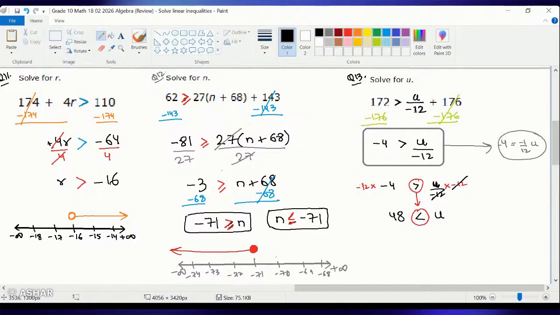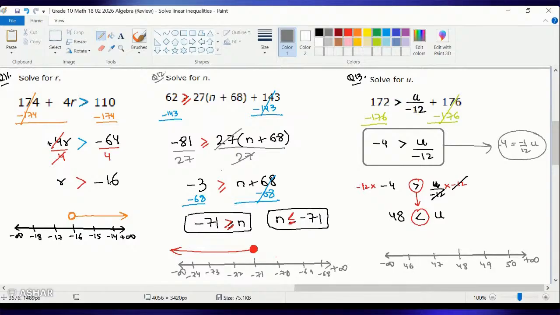48. So if we have a number line, we mark the extremes, negative infinity and positive infinity. U is greater than 48, so we write 48. These are positive values, that means this is 49, this would be 50, this would be 47, and this would be 46.